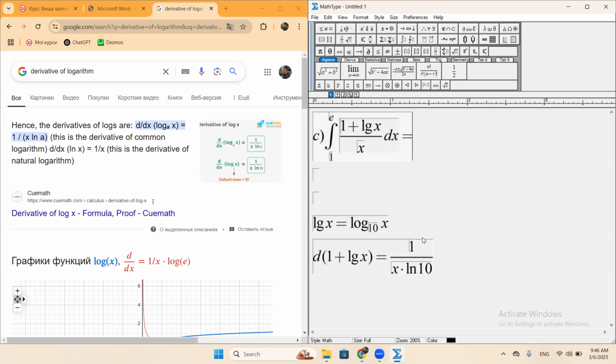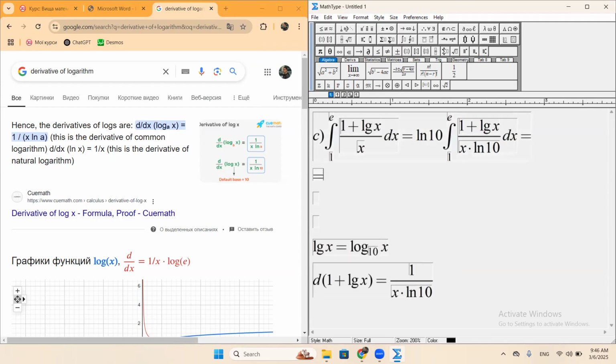So let's modify this integral to use the differential entry technique, with the logarithm of 10 in the denominator. Maybe there is a mistake here, it must be the natural logarithm, but anyway we can calculate it.